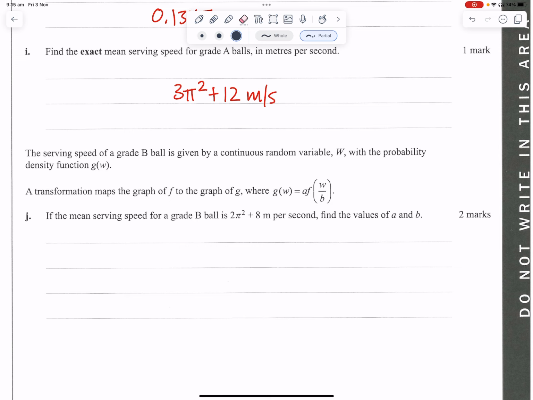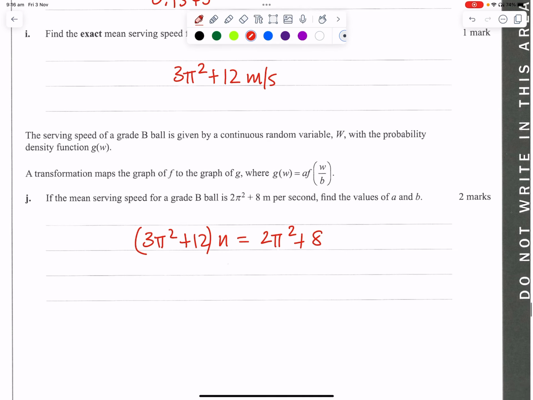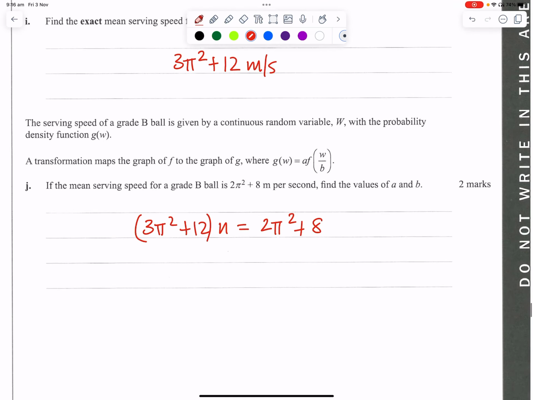So if I said 3 pi squared plus 12 times some variable n is equal to 2 pi squared plus 8, we know that's 2/3 of that, and that's 2/3 of that.